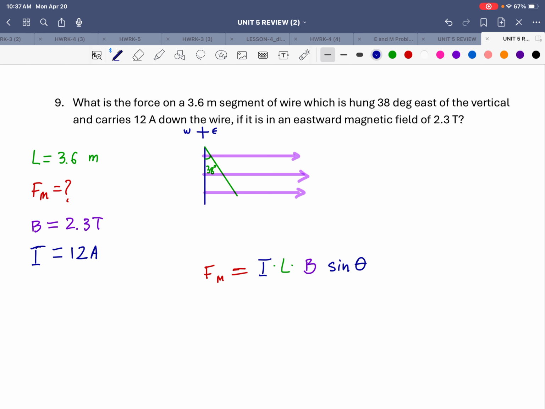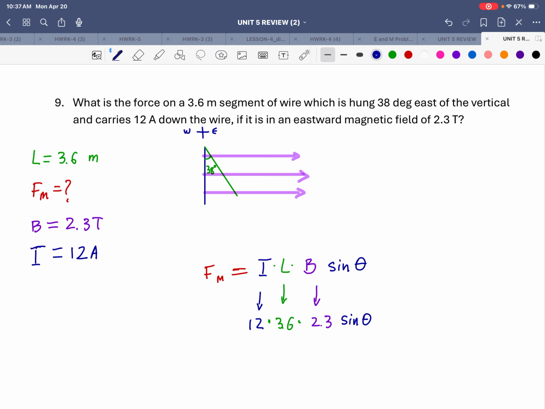I'm going to substitute I by 12, and L by 3.6 meters. And I will substitute also the magnetic field of 2.3 Tesla here. And we have to figure out the angle theta.